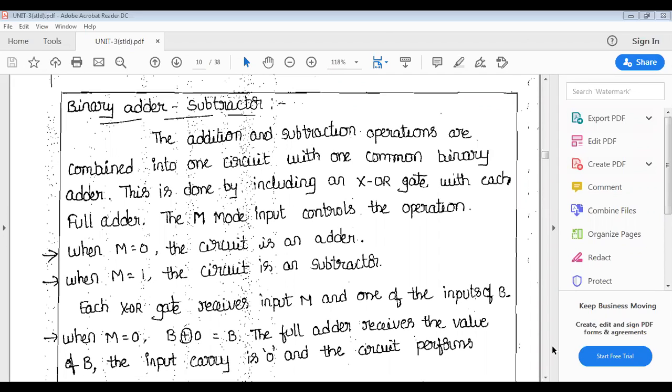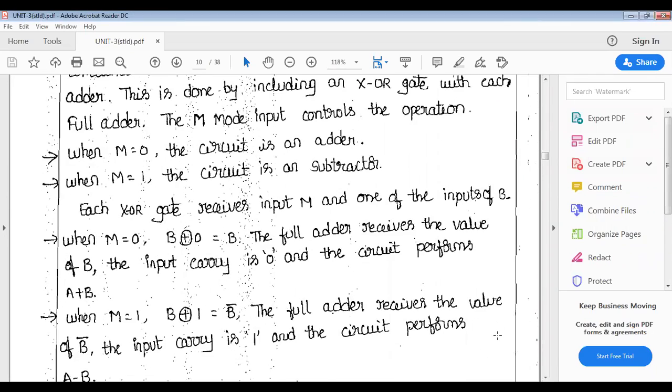When M is equal to 0, B exclusive OR of 0 will give the B value, and the full adder receives the value of B, the input carry is 0, and the circuit performs A plus B. It performs the addition operation only.